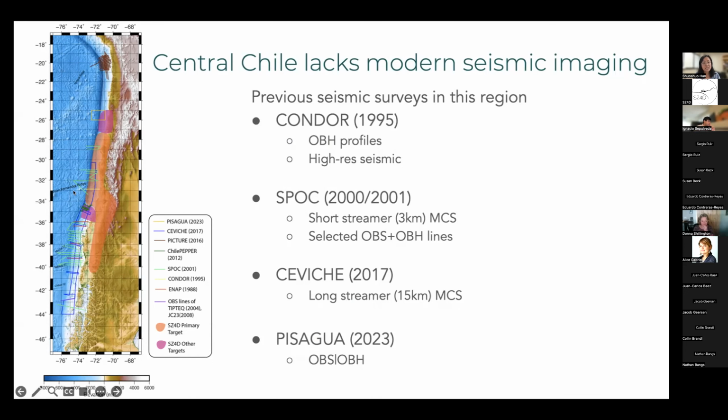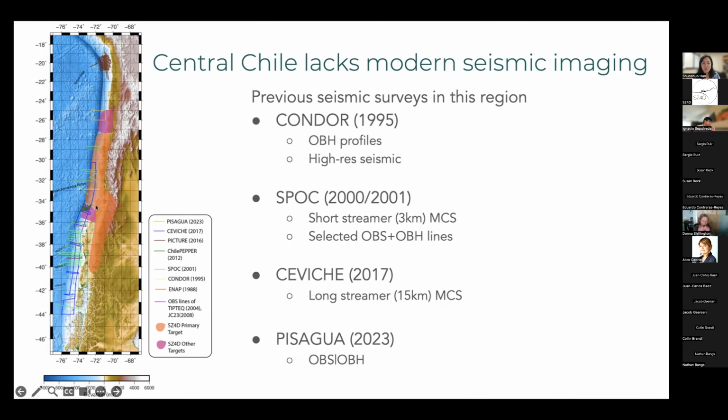When we reviewed the existing active source seismic data, we found that the Chilean margin is unevenly covered. These lines are existing lines, and you can see that the southern part is well covered. However, central Chile only has sparse data coverage.